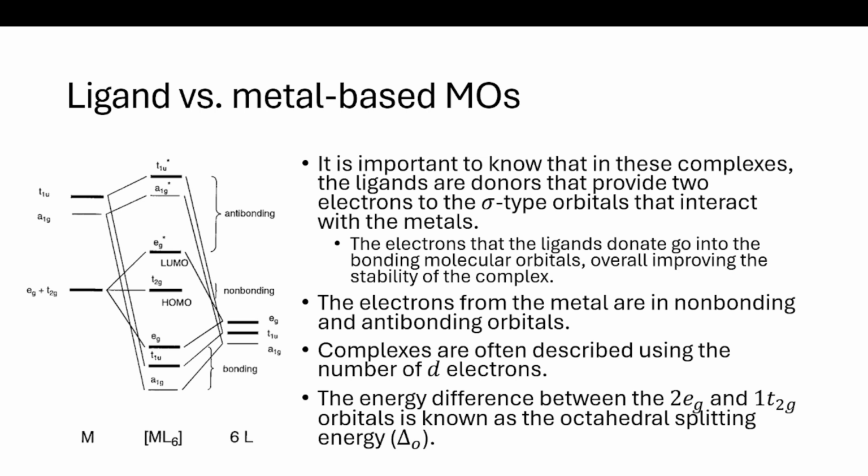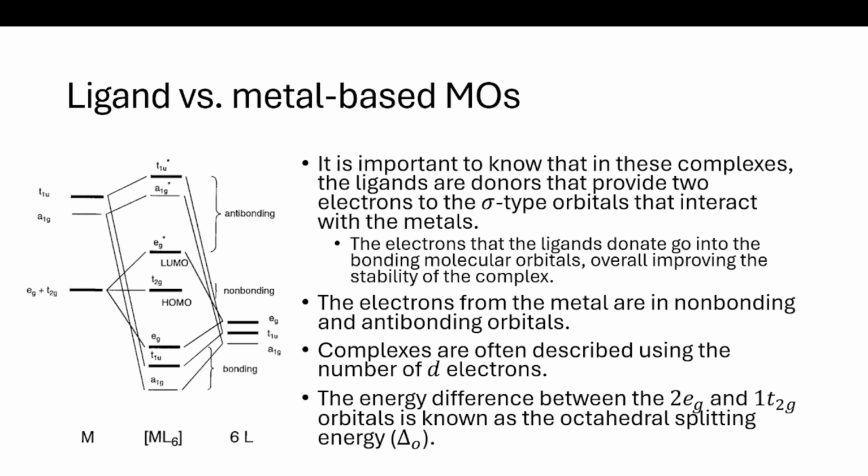Now, when we're talking about ligands donating electrons to these complexes in terms of the molecular orbital, they donate these through sigma-type orbitals, or head-on overlap. And they go into these bonding molecular orbitals, as I said in the last slide, therefore improving the stability of the complex. Now, there's one specific split between these two particular orbitals, Eg and T2g, as shown in the diagram.